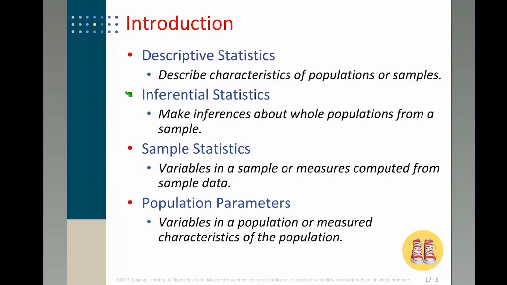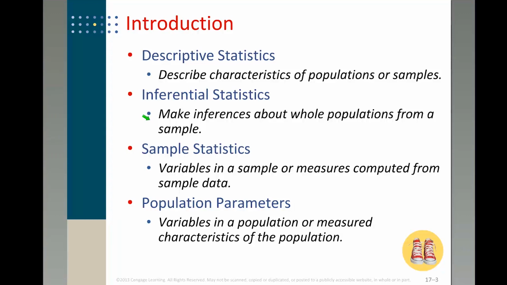What we learn in this chapter belongs to inferential statistics, in which we make inference about the whole population from a sample. That is, we realize that the population is too large or the population is not accessible. So we take a sample.